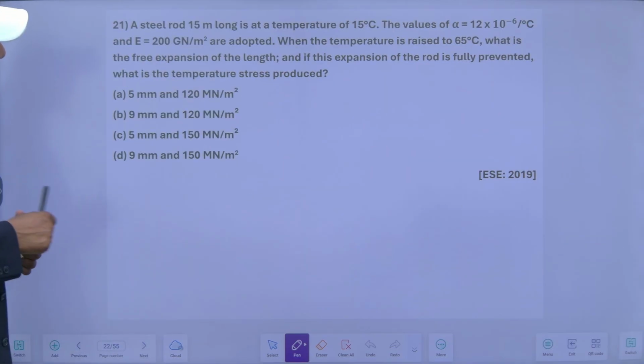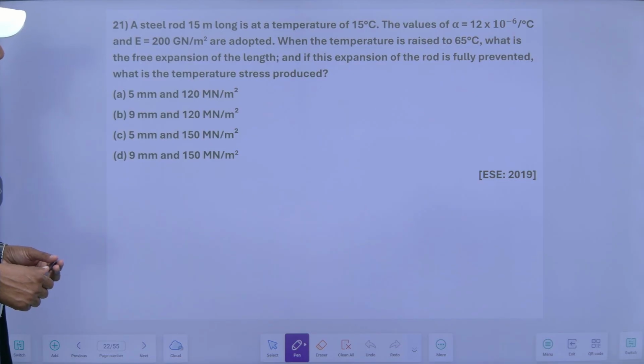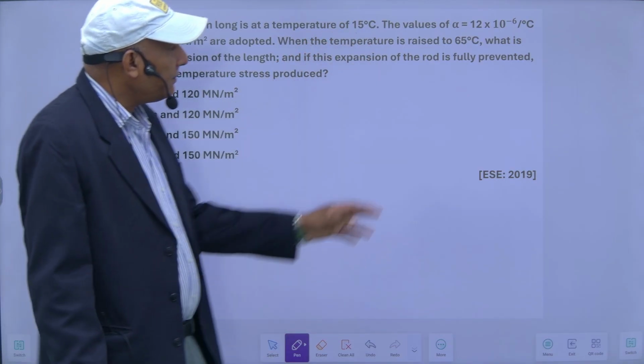A steel rod of 50 meter long is at a temperature of 15 degree. The value of alpha is this one, E is this one, are adopted. When the temperature is raised to 65 degree, what is the free expansion of the length? And if this expansion of the rod is fully prevented, what is the temperature stress produced? Means initially the temperature was 15 degree and after this it increased.